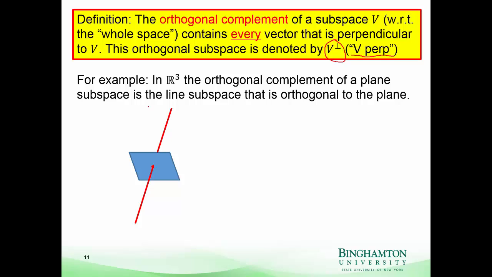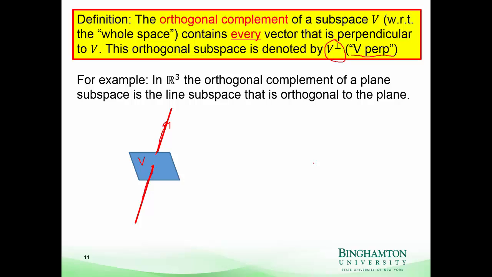Suppose the subspace V is this plane, and we'd like to find all the vectors in R3 that are orthogonal to it. That would be anything that pokes out here and anything that pokes out on the other side.